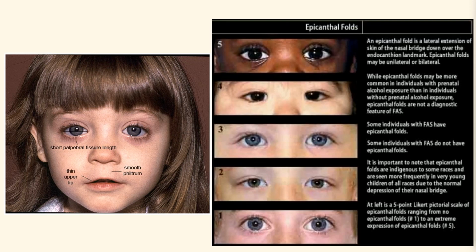Though, as this image demonstrates, the presence of epicanthal folds cannot be used as a diagnostic criterion for FAS, as there are other explanations why these folds have arisen. It is important to know they may be an indication of FAS, but they are not a confirmation of fetal alcohol syndrome.